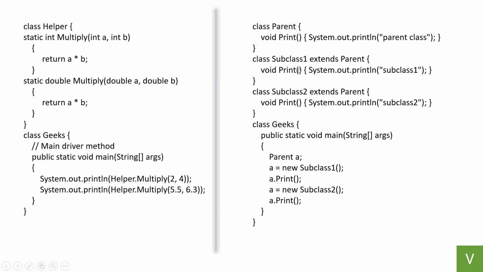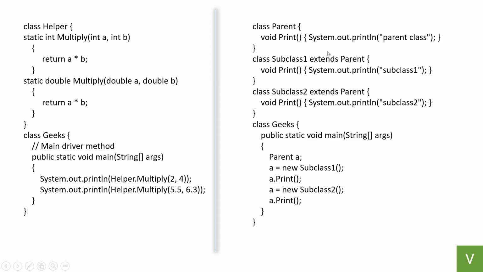Here the execution will go to the subclass's void print, system.out.println. First it will print subclass 1. Similarly, we created the same object, A is equal to new subclass of 2, a.print, and then it prints subclass 2.